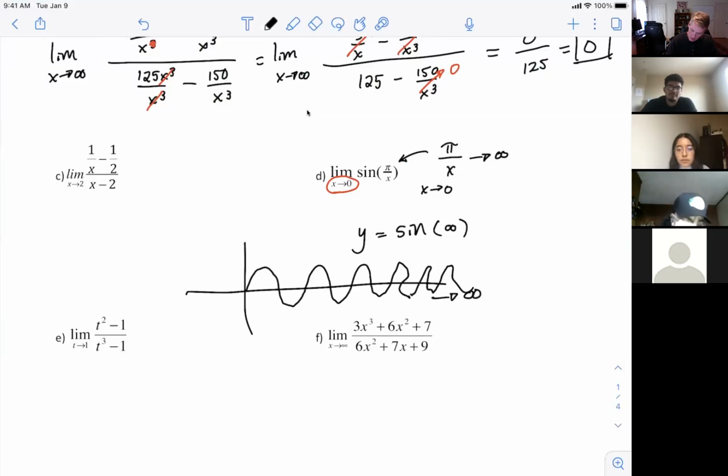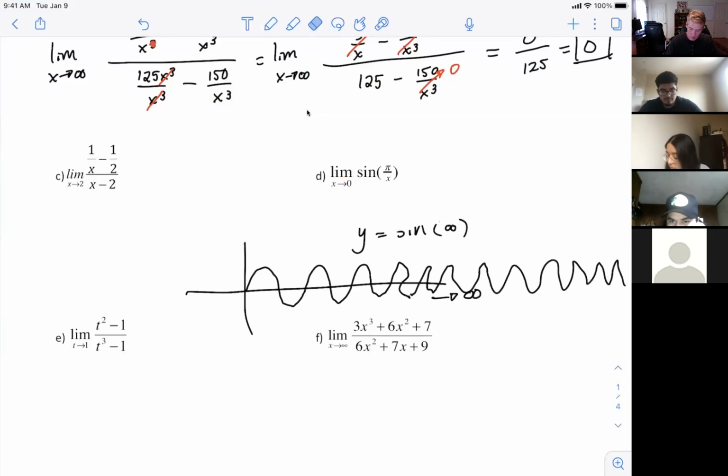And it will just keep going up and down and up and down and up and down between +1 and -1, which means that this one does not have a solution. Or the limit does not exist. So in order for a limit to exist, it has to have just one solution, and this does not have just one solution.